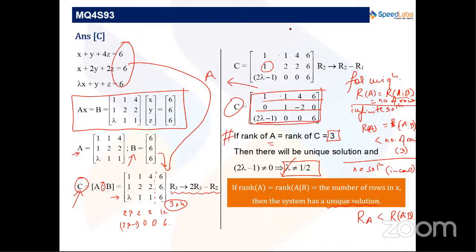Okay. So how we are going to find whether the system of equations will have a consistent unique solution, infinite solutions, or no solution is, we have to use the method of rank.